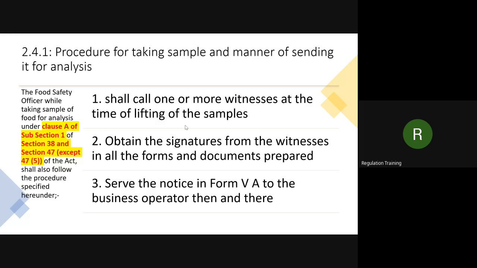That paper is the notice, information that a sample has been collected from your premises. This is the legal notice. This part is about legal sampling. When legal sampling happens, all this formality will be done, but for a surveillance sample this formality might not be done.